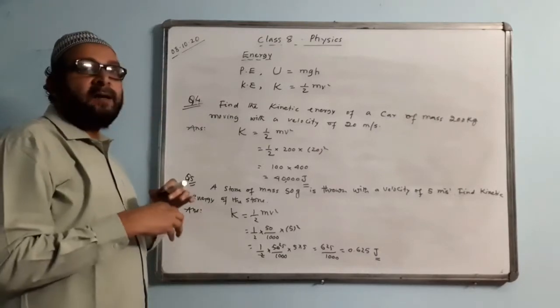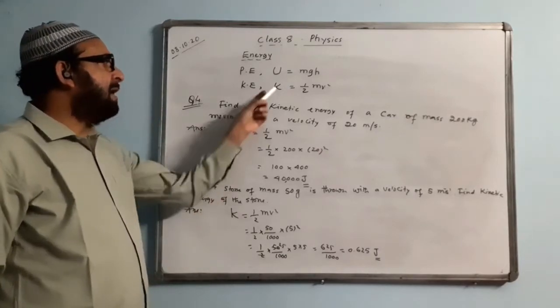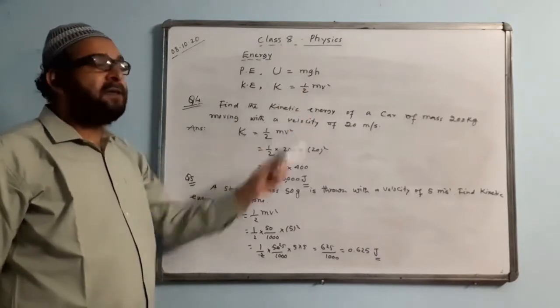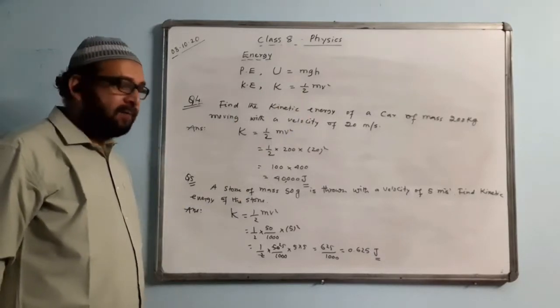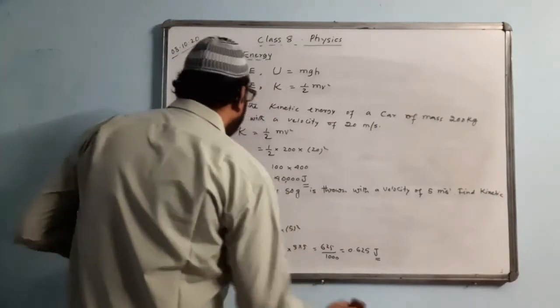Now you may have another type of question like this. Kinetic energy may be given and something else is unknown and you will have to find the value of that unknown quantity.